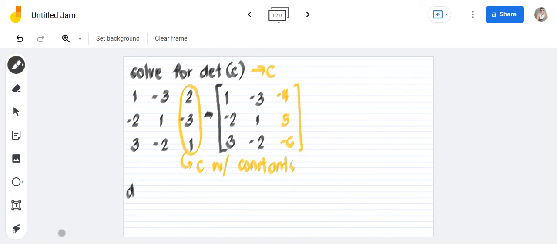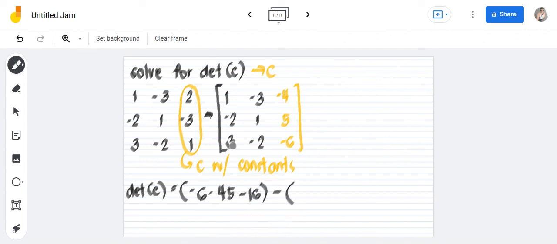For the determinant of C, that will be 1, 1, negative 6, negative 3, 5, 3, negative 45, negative 2, negative 4, negative 2, negative 2, negative 16.